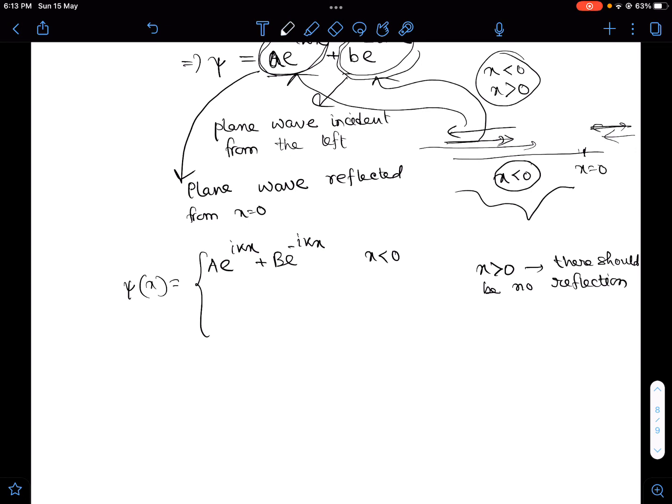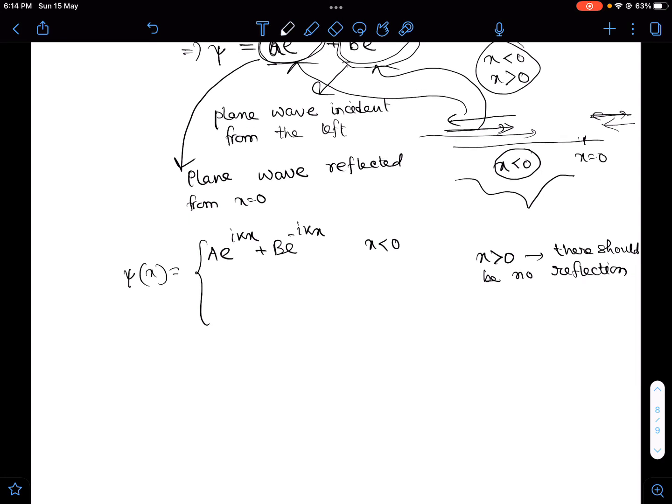We have considered one plane wave coming from the left. So for x greater than 0 we will get c e to the power ikx.